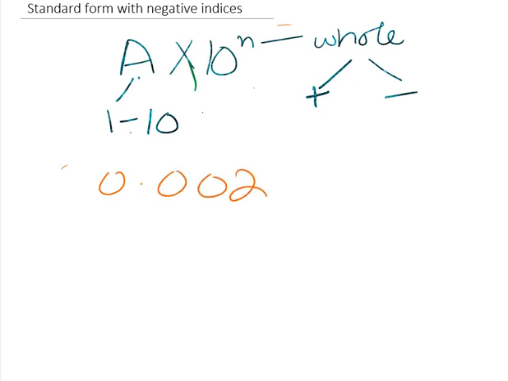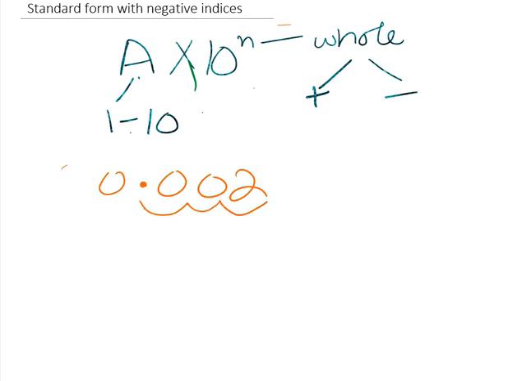To make this ordinary form of a number into standard form with negative indexes, we need to move our decimal point that many places so we get a value between 1 and 10.